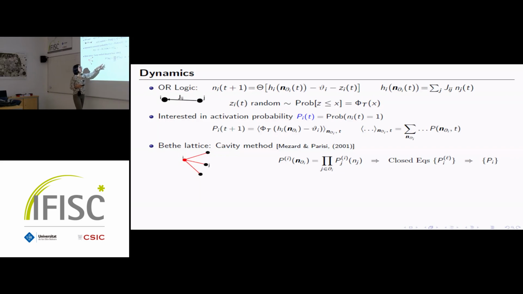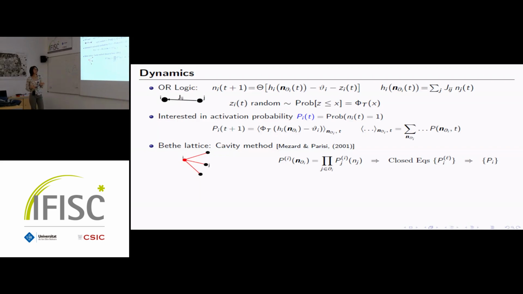Therefore, this joint probability of the neighbors just factorizes in the so-called cavity graph, where I have removed the node I and all its links. So basically, the method consists in writing this equation first on the cavity graph, so that you have a closed equation for these cavity probabilities. And then once you have this, you can get the marginal probabilities in the real graph.